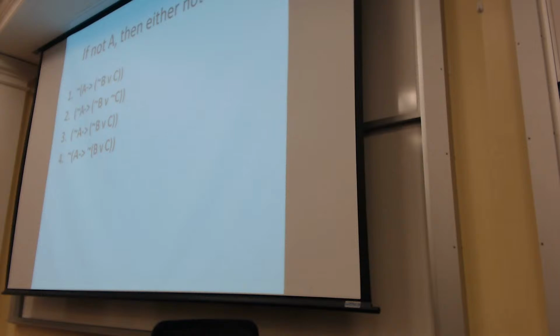We still open a parenthesis for the if. We still have negation A for the not A. We still are going to need another parenthesis. But what's changed this time is the not is after the either. So the not goes on the B rather than on the outside the inner parenthesis.